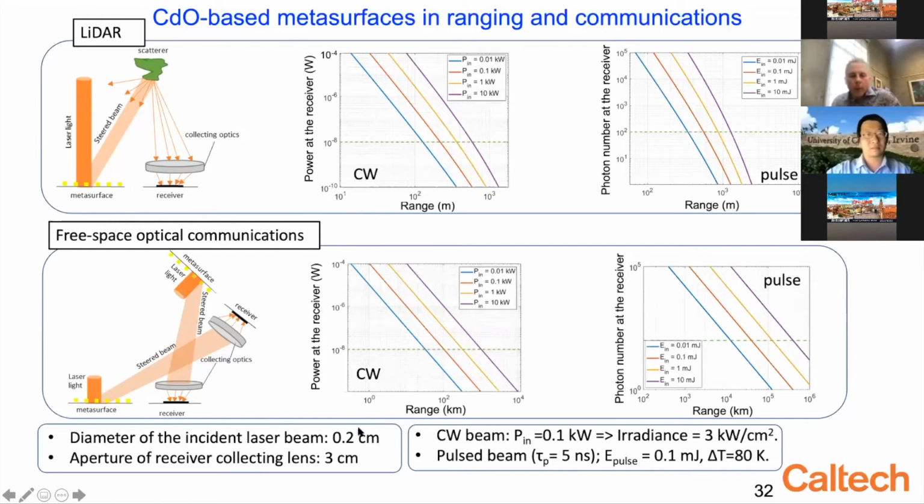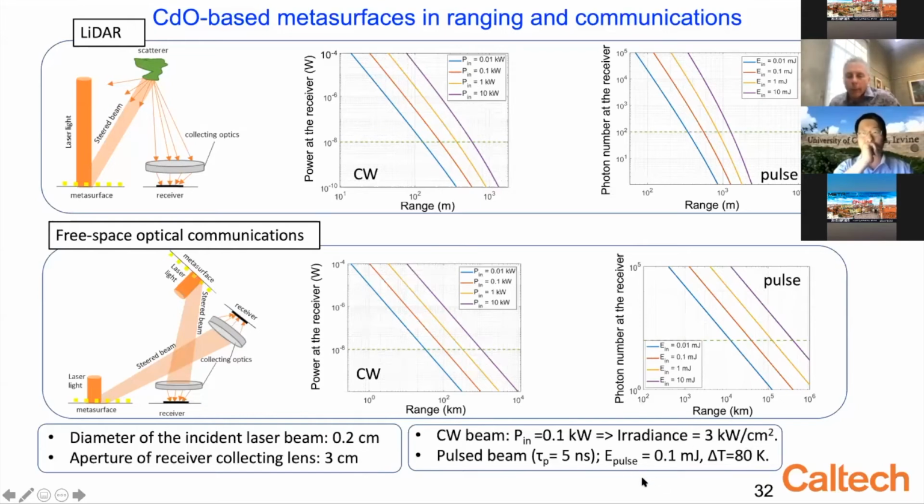Beam here, diameter of 2 millimeters, corresponding to a 2 millimeter size aperture, and a receiving detector of 3 centimeters sitting on the other end, and a CW beam of about 100 watts, corresponding to an irradiance of 3 kilowatts per square centimeter.